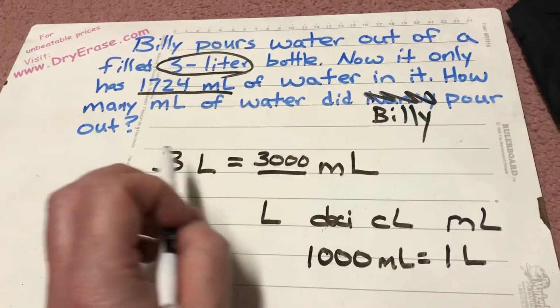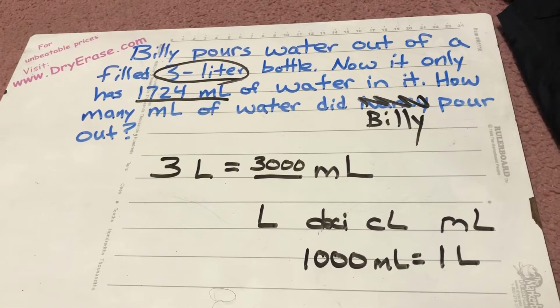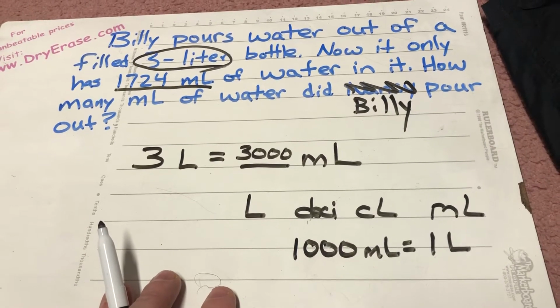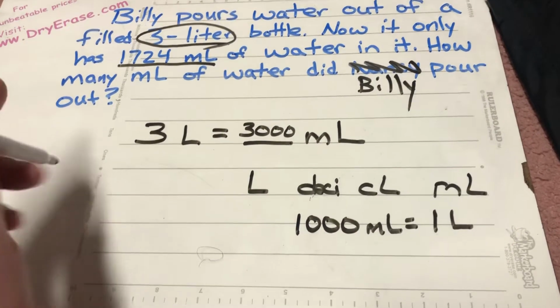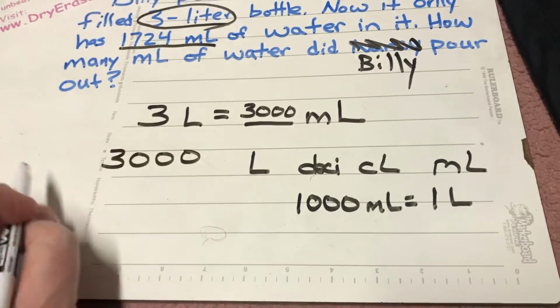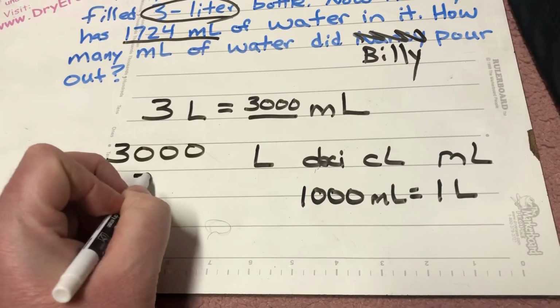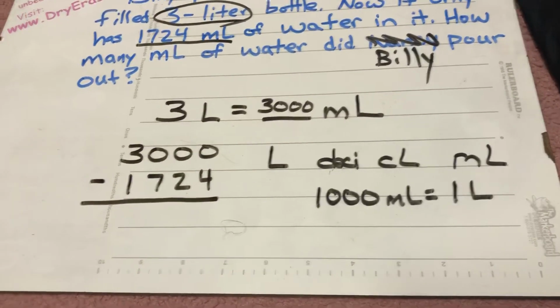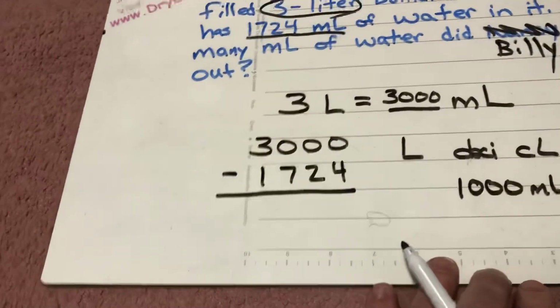It tells me now it only has 1,724 milliliters of water left in it. So we're trying to figure out how much was poured out. Well, that sounds like a subtraction problem to me. We're going to take 3,000 and subtract how much is left, which is 1,724 milliliters. And that's going to tell me how much Billy poured out.